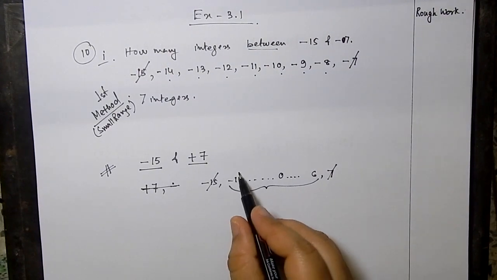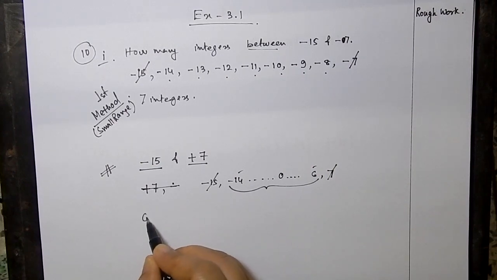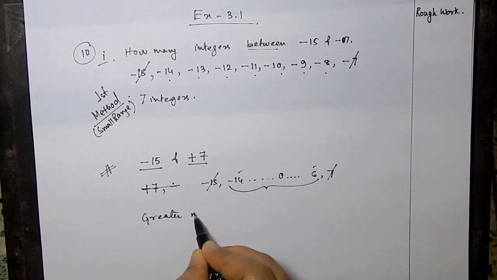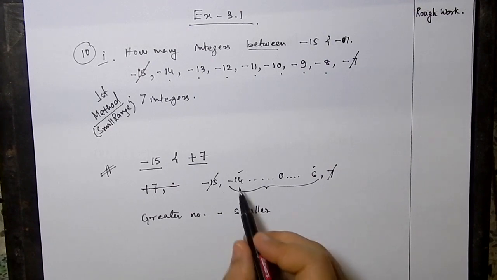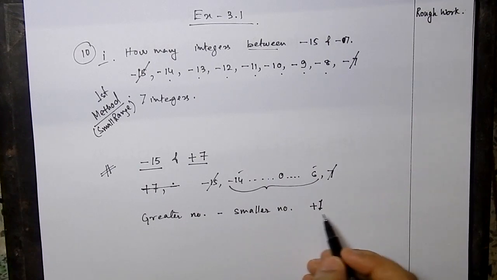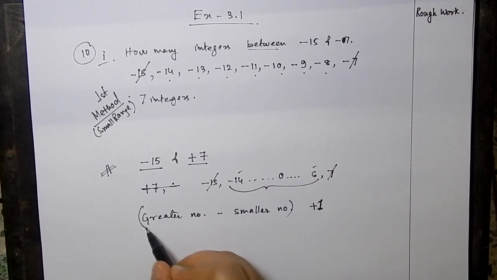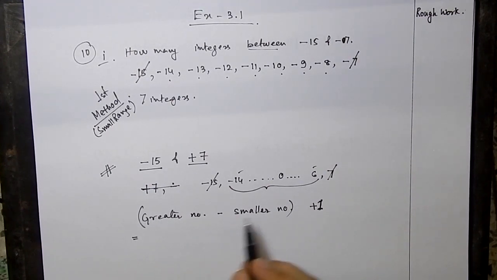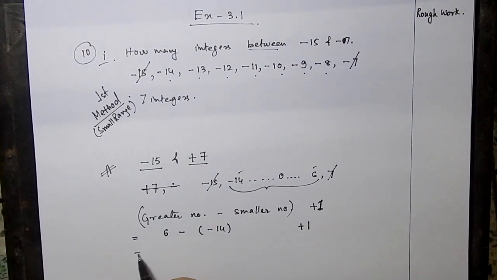So between these two numbers, 6 is greater than minus 14, so it is the greater number minus the smaller number, that means the range, plus 1. Why plus 1? It was explained that since while subtracting we exclude the smaller number, we don't count the smaller number, we have to consider that. So here the greater number is 6, and this minus the smaller number is minus 14, plus 1. So 6, now this will become plus.